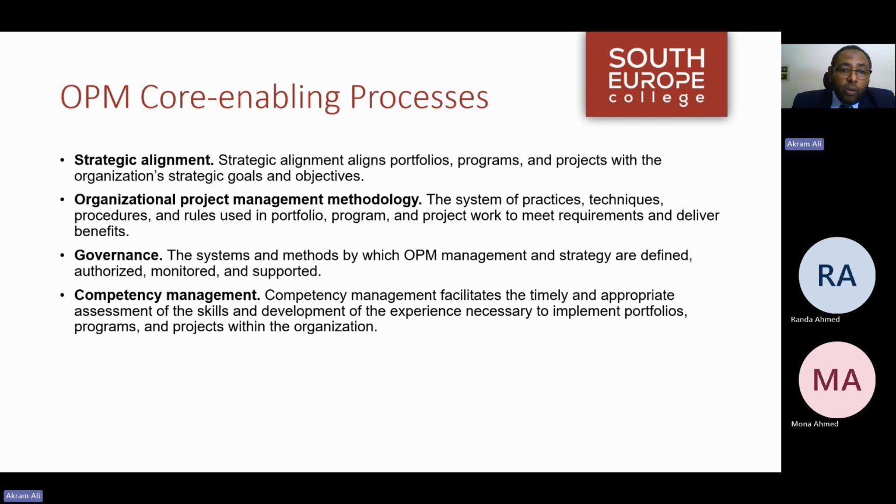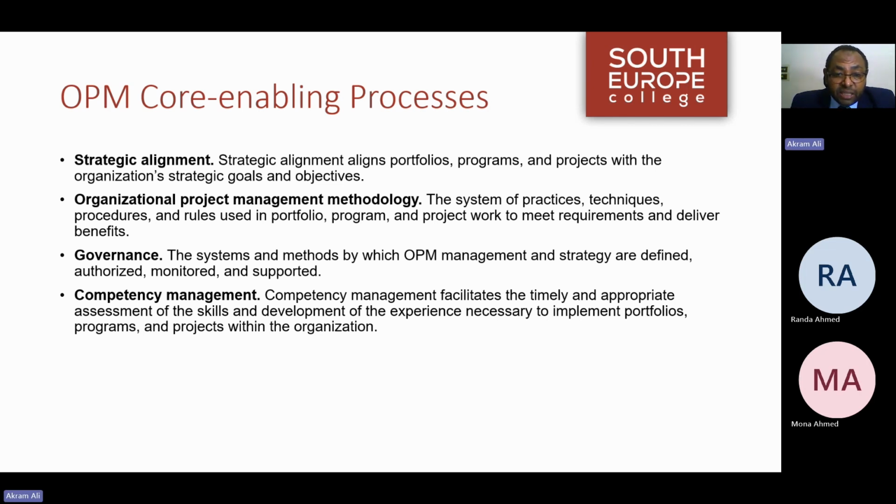Examples of OPM core enabling processes are strategic alignment. Strategic alignment aligns portfolios, programs and projects with the organization's strategic goals and objectives. Organizational project management methodology, the system of practices, techniques, procedures, and rules used in portfolio, program and project work to meet requirements and deliver benefits.